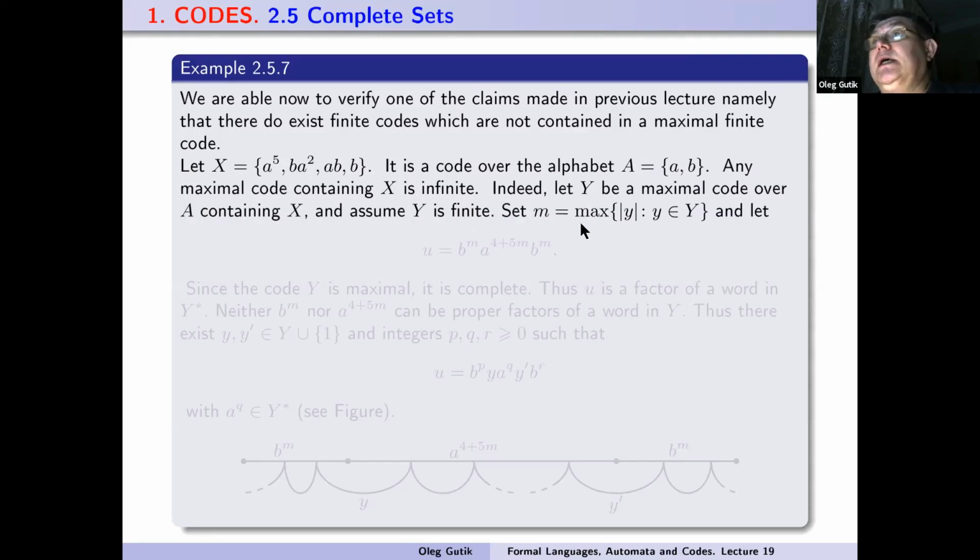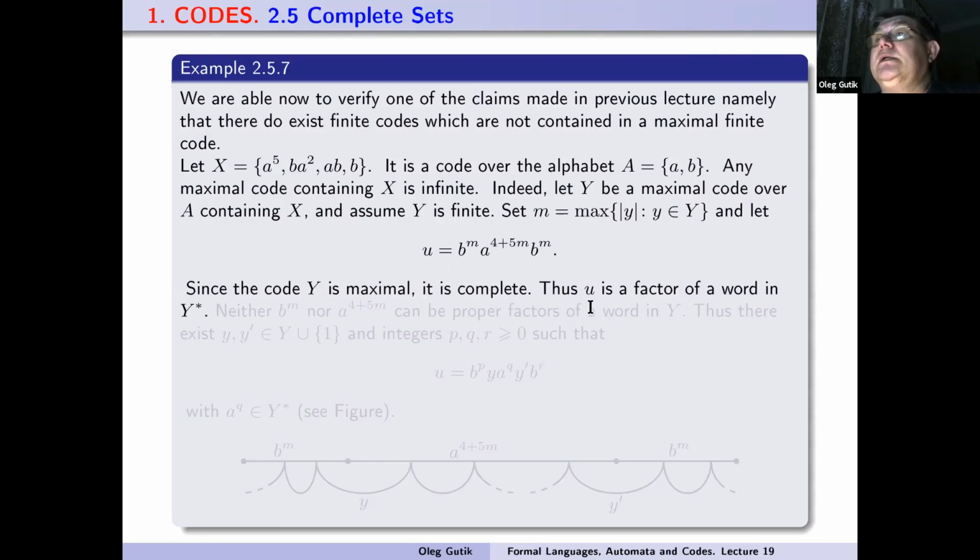Set m as the maximum of the lengths of the words y such that y belongs to Y, and let u be the following word: u is equal to b^m a^(4+5m) b^m. Since the code Y is maximal, it is complete.